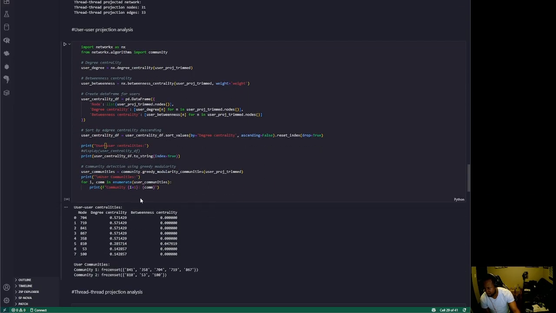So now we do some statistics to calculate the degree centrality and also the betweenness centrality. Each user node's degree centrality shows how many users they are directly connected to through shared threads. So users 704, 719, 841, 867, and 358 have the highest degree centrality of 0.57, meaning that they often participate in the same discussions, forming a highly connected group.